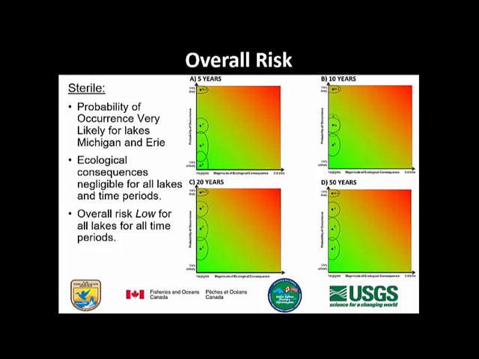The probability of occurrence is very likely up here for Lakes Michigan and Erie, but the ecological consequences are negligible for all lakes and all time periods. So that means that the overall risk here is low because we're generally in this green area. Even though there could be very likely presence of triploid grass carp, ecological consequences are predicted to be low.